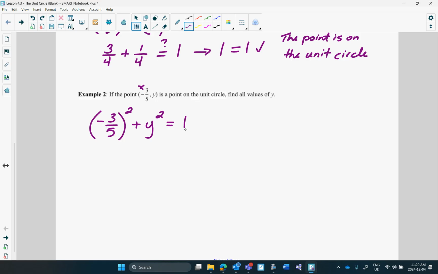So you do 1 minus -3/5 squared. What is -3 over 5 squared? 9 over 25 plus y squared is equal to 1. I'm going to make life easier on myself because I'm going to have to subtract a fraction over 25. How do you write 1 as a fraction over 25? 25 over 25.